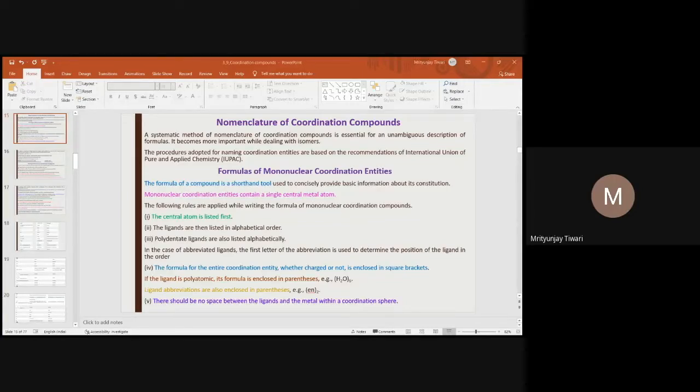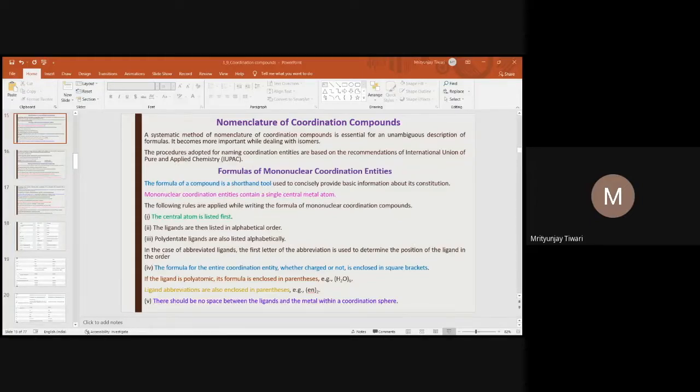Here, water is always written as H2O, so hydrogen will be considered for the alphabetical order. So in the case of an abbreviated ligand, again I am repeating, the first letter of the abbreviation is used to determine the position of the ligand in the alphabetical order.